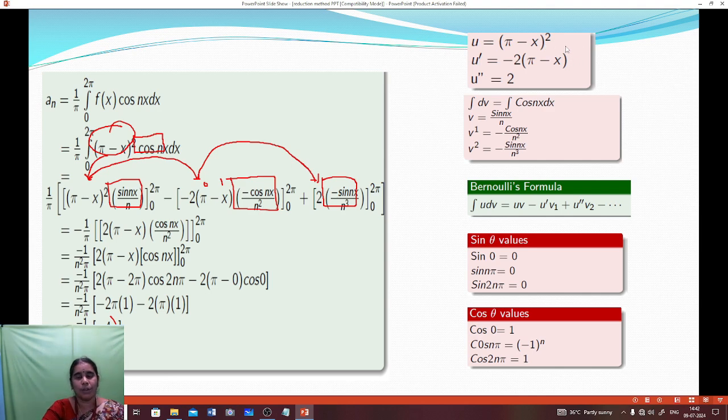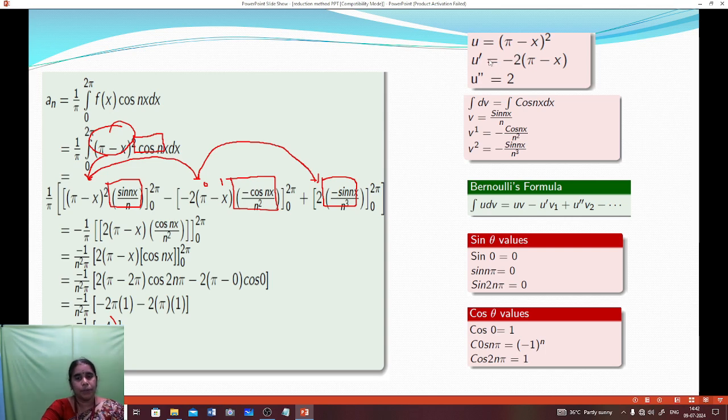On differentiating pi, it takes 0. On differentiating minus x, minus 1. So, 2 into (pi minus x) into minus 1, combinedly we write as minus 2 into (pi minus x). This is ordinary differentiation of x power n formula.